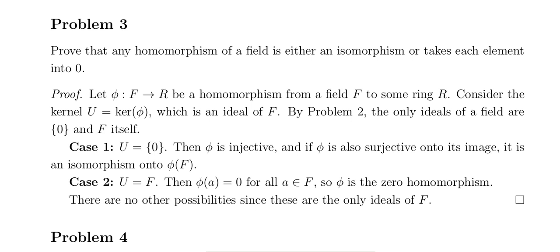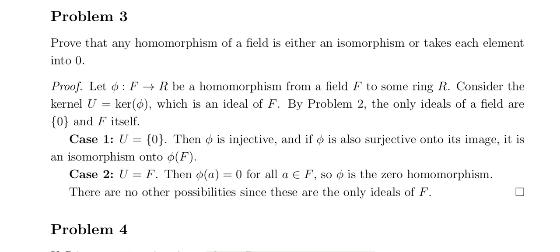keep it in memory. Another one is: prove that any homomorphism of a field is either an isomorphism or takes each element into 0. Here pi from F to R is a homomorphism from a field F to some ring R, with U the kernel of pi.